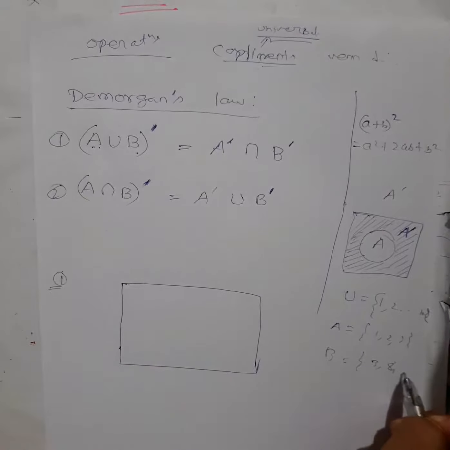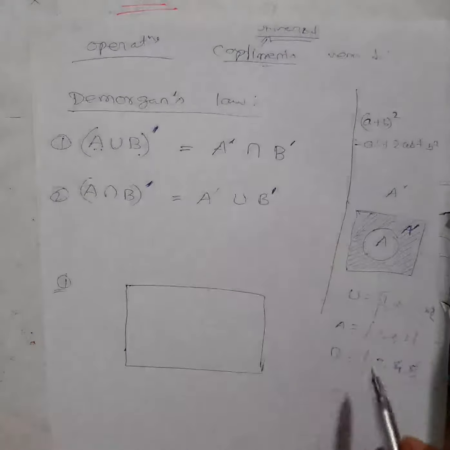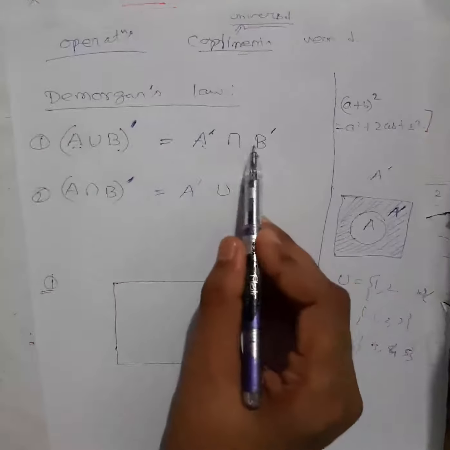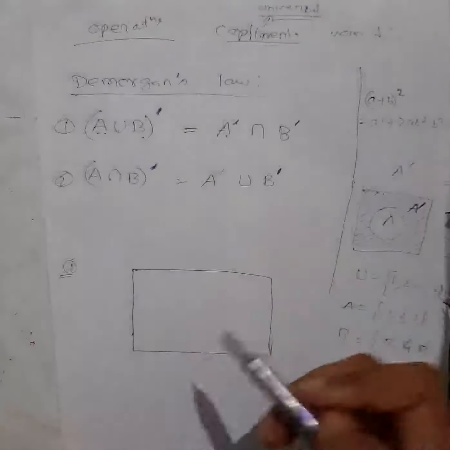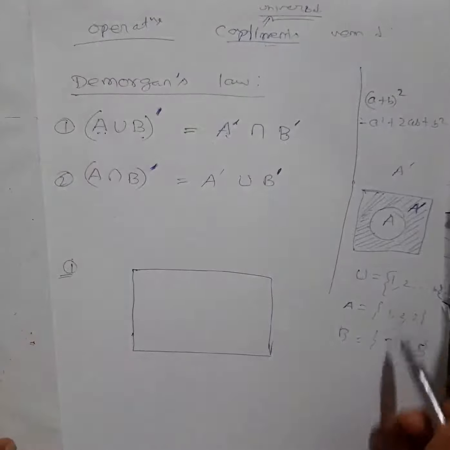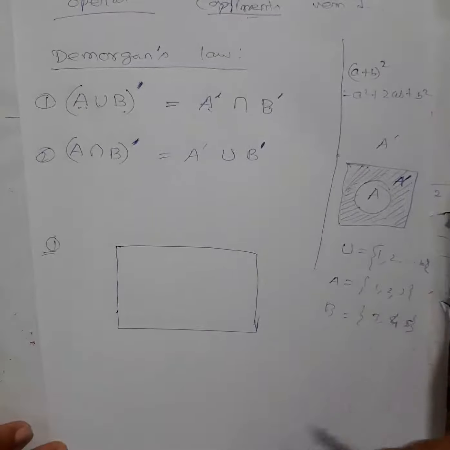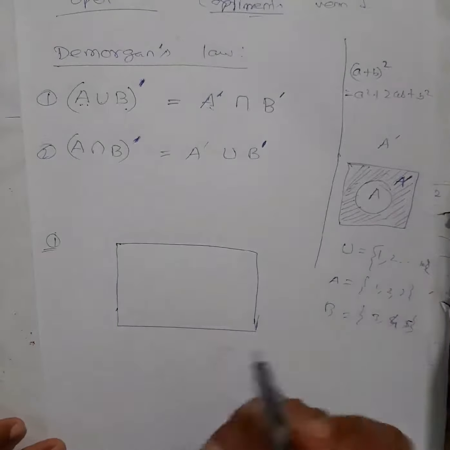Then try to prove this, find the intersection. You know how to find that, right? That kind of question we will do in the exercise, don't worry about that. So this way you can prove it with an example, and through a Venn diagram also.